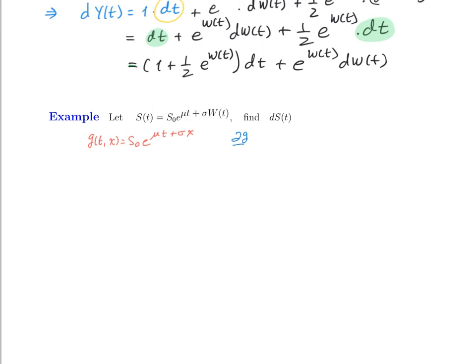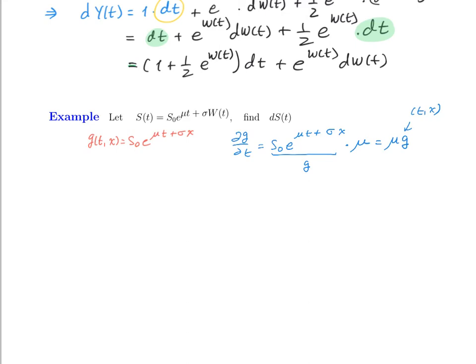The derivative of g with respect to t is the same thing as S0 e to the (mu t plus sigma x) times mu by the chain rule. But remember, all of this is just equal to g by definition. So this is just equal to mu times g. Remember here, g is a function of t and x, or a function of t and the Brownian motion.